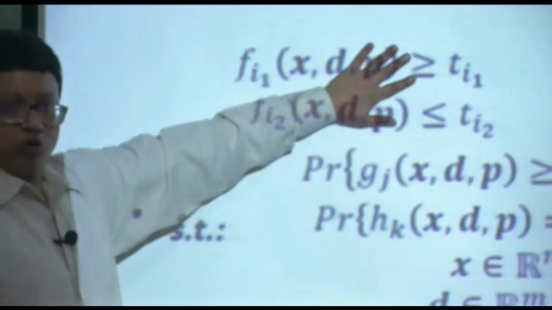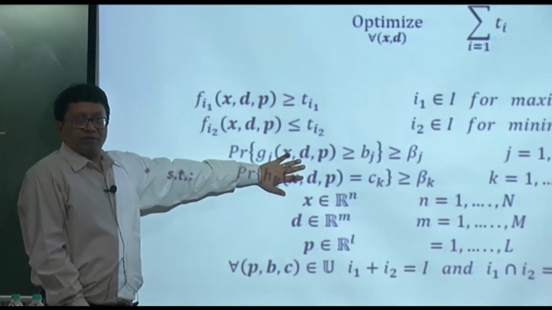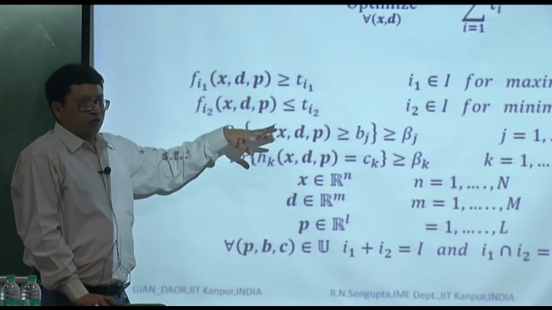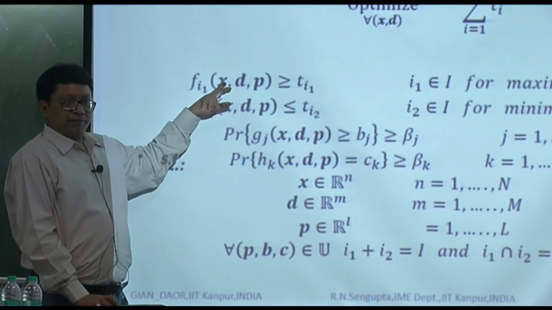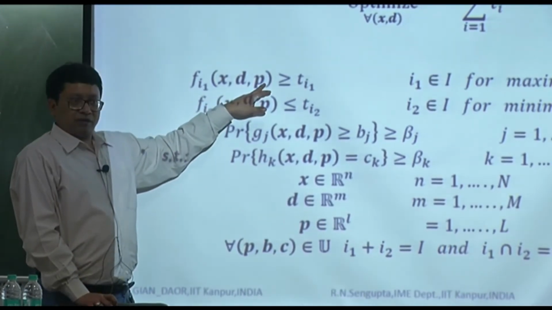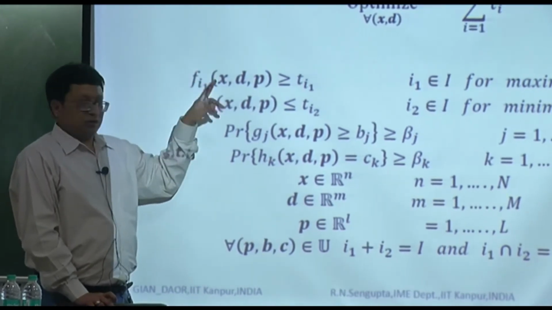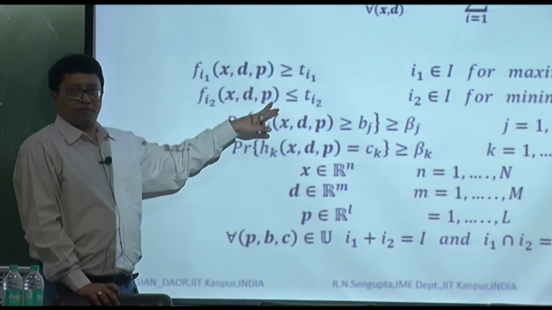So this part is the robust optimization point, and these two are the reliability point. When you actually have that problem converted, this is x MPP, this is x MPP, and they would be replaced by the mean values: mean value of x here, mean value of p here, and so on.